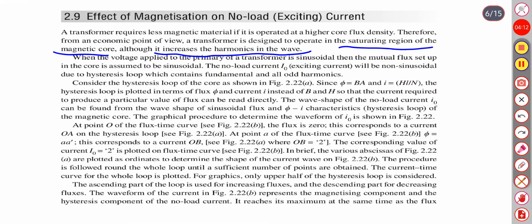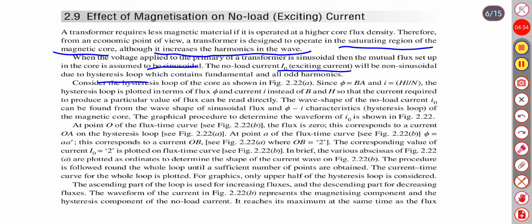When the voltage applied to the primary of the transformer is sinusoidal, then the flux set up in the core is assumed to be sinusoidal. The no load exciting current I0 will be non-sinusoidal due to the hysteresis loop, which contains the fundamental and all odd harmonics.